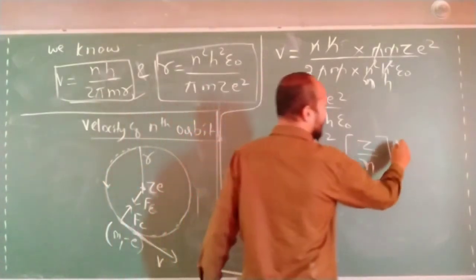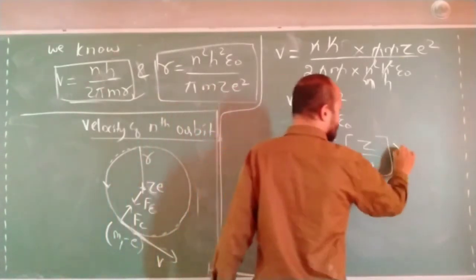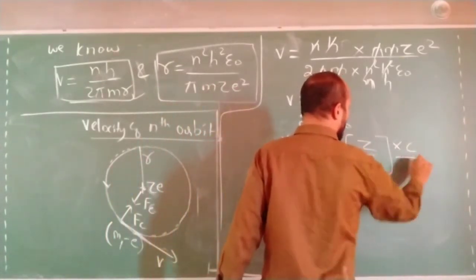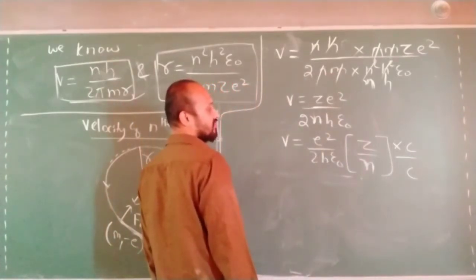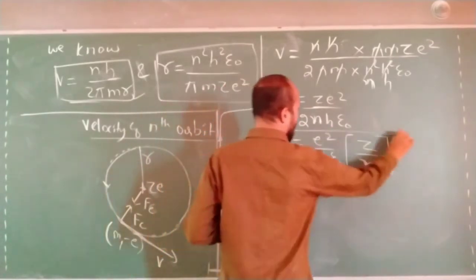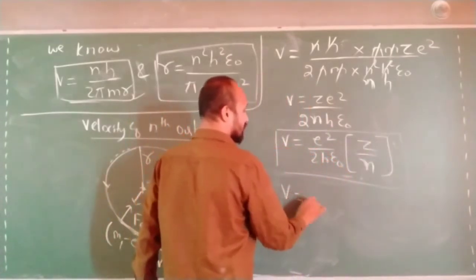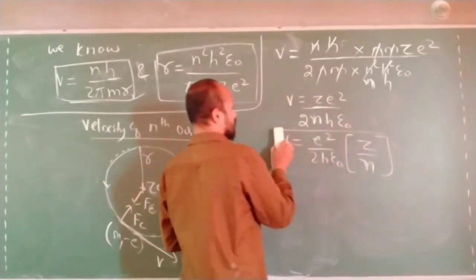So here what I am doing, this is one important formula. If I multiply both sides by c, I will just write it like this. This is one important thing.